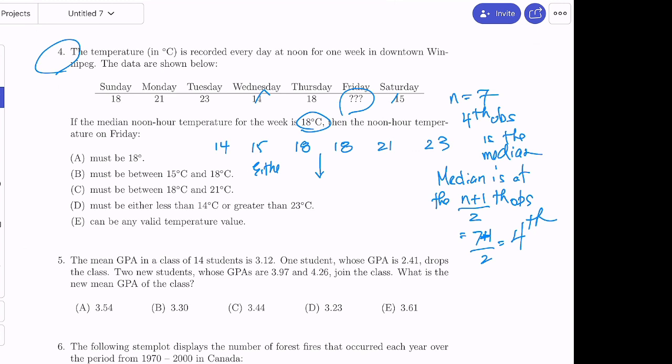Let me see if I got this right, because this has to be, this is the ranks, and 18 has to be the median. So if it's in here, then Friday has to be 18, because that would be the median. Because that's where the median is, right in the middle, the fourth observation.